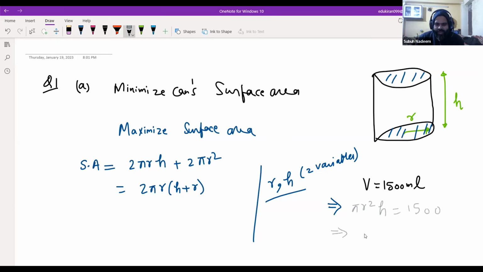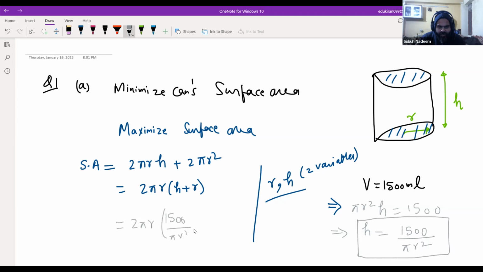So you can write H as 1500 by pi R square. So what we have done in this step is that we have written the quantity to be maximized or minimized as a function of a variable. That is, H can be expressed in terms of R. So this can be written as 2 pi R H is 1500 by pi R square plus 2 pi R square. Are you getting it?